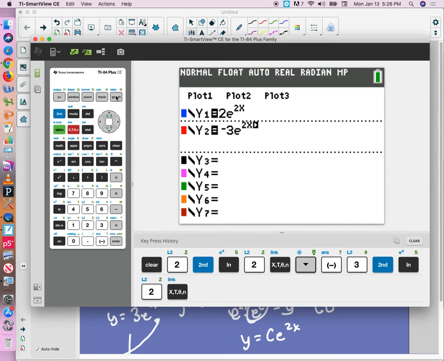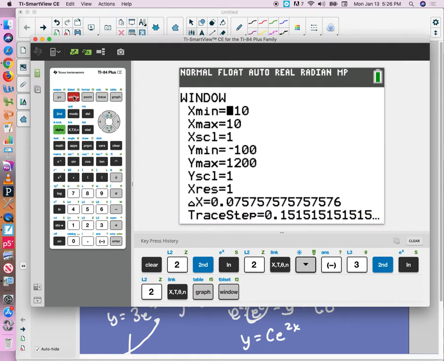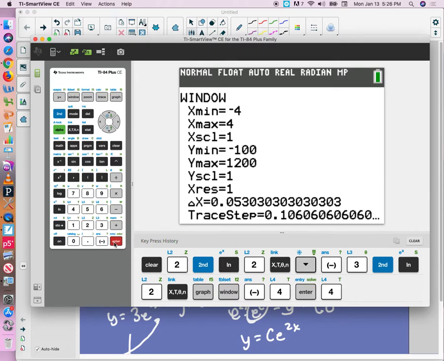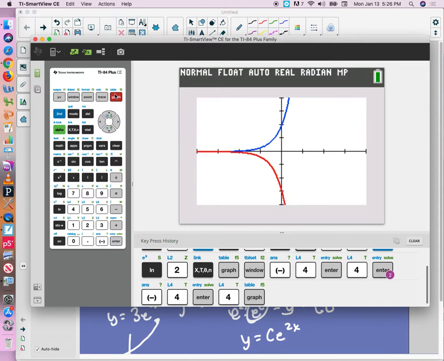But if I graph both of those, change my window, like negative 4 to 4, kind of like our little slope field we've got here, negative 4 to 4. Okay, so let me pull that in here.